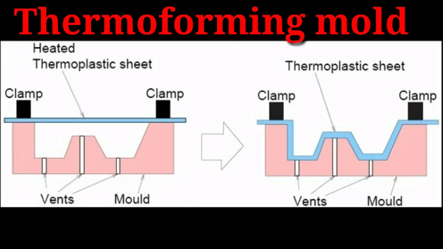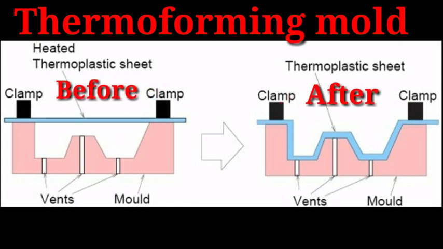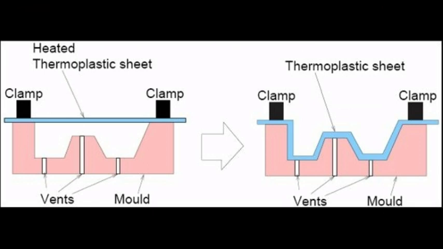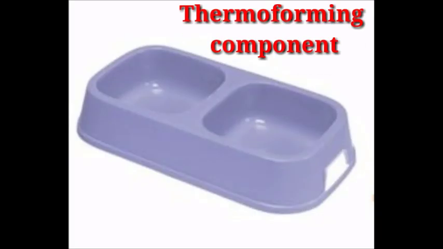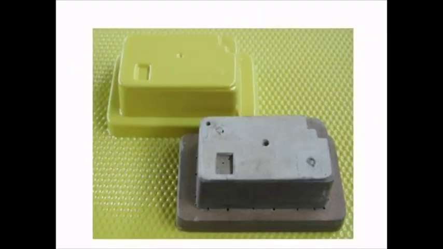So this process is also called negative forming. You can see this image on the screen for getting a clear idea of the thermoforming process. The component sheet, the blue one, shows before and after. Look at some practical examples of the thermoforming process for more clarity and understanding.